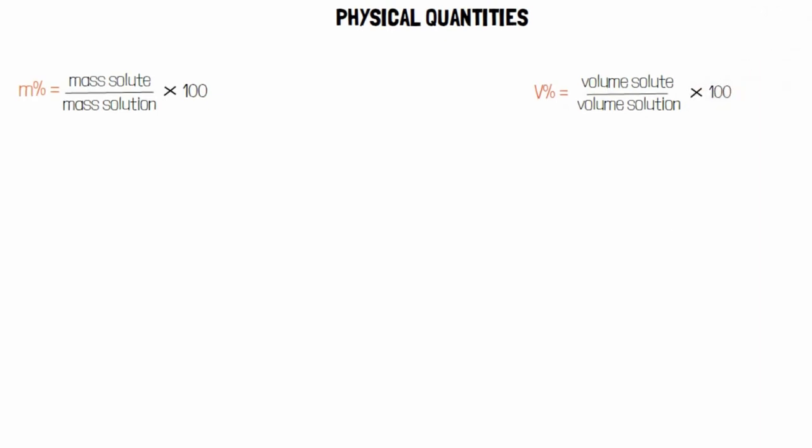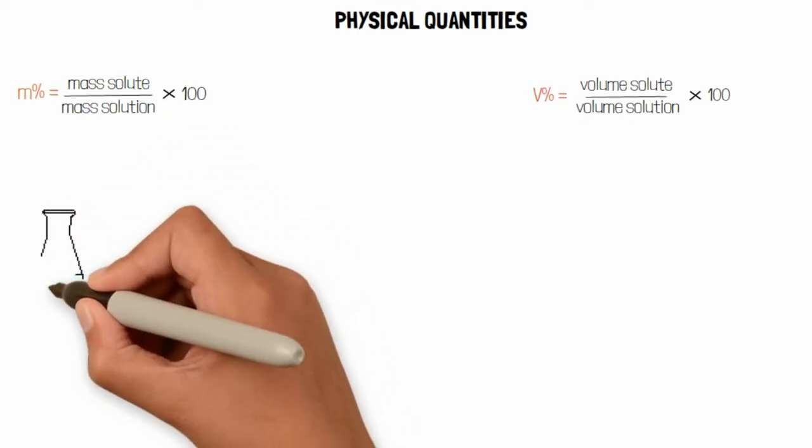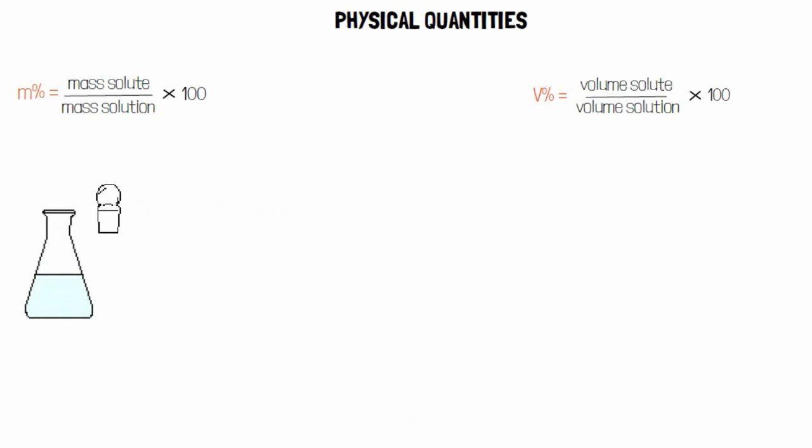Generally, the mass percent is used when you have a solid solute, and the volume percent is used when you have a liquid solute. But let's try to understand with examples what they are. So let's take, for instance, an Erlenmeyer flask with water inside.